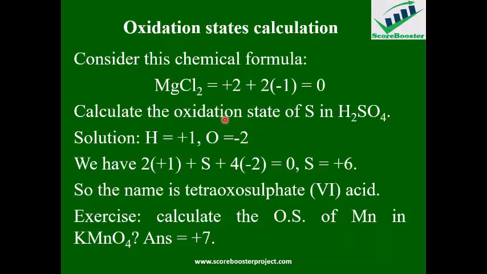So let us now employ those 5 rules to calculate oxidation states. In the magnesium chloride compound, the rule is that all the oxidation states in a compound must add up to 0.